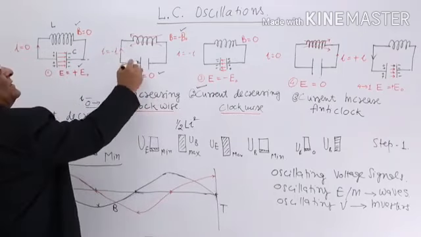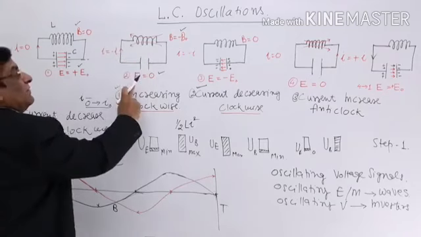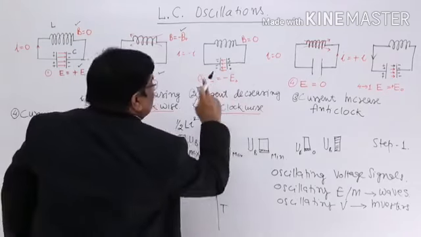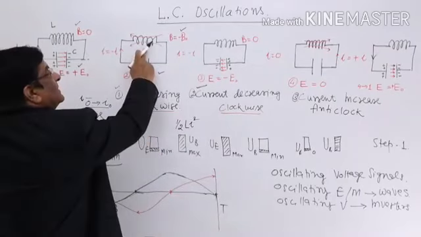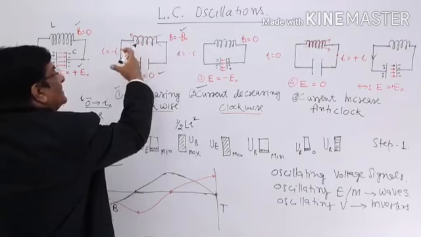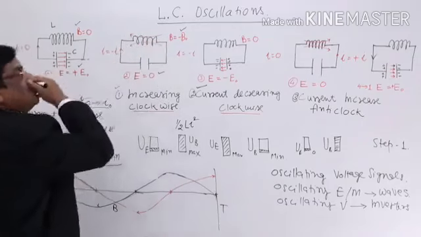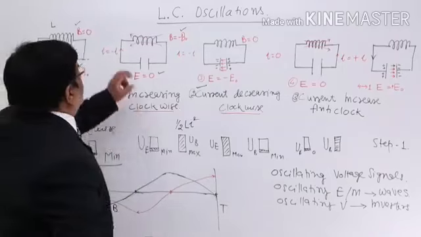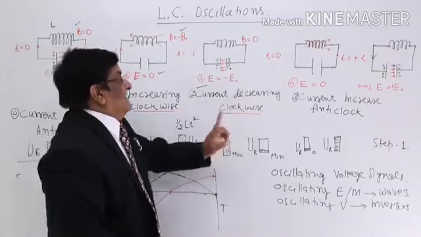The charges are vacated. No charge here. So what will happen to current? Current is decreasing. For increasing current, what is the behavior of the inductor? It opposes it and all the current energy is absorbed in it. Right?